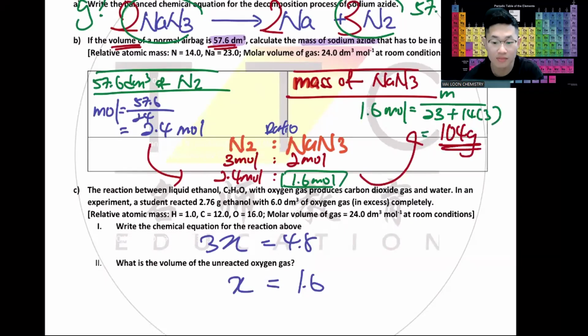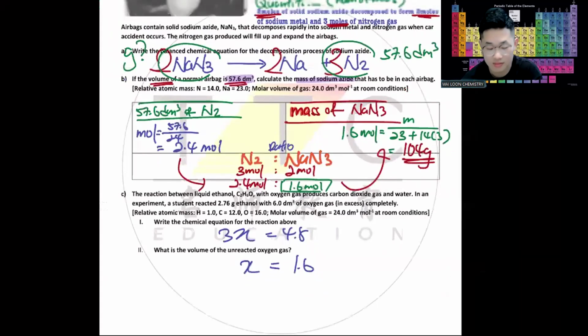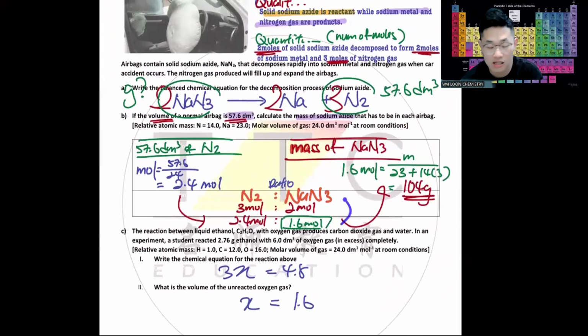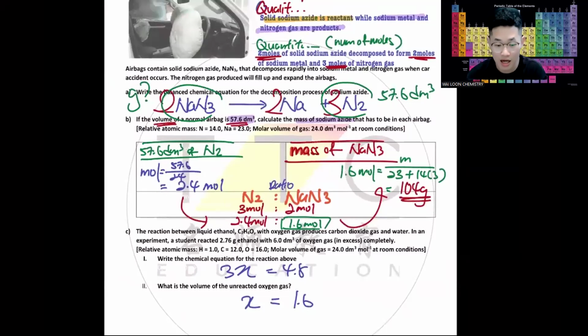Xinyi, yes, you are right. Okay, there's more than one method to get the ratio, but my favorite one is the cross multiplication. If you have your own method, then you use your own method. It's okay. Okay, guys.